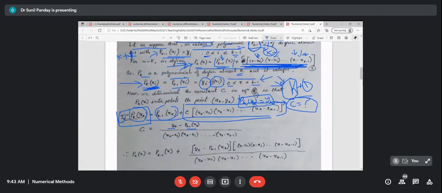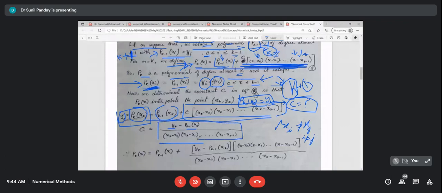Actually we know that xi is not equal to any xj when i is not equal to j, because these are our x points, and they are always distinct. So x1 and x2 are always different, and xi and xj are always different when i is not equal to j. So it means we can divide, and we will get the value of c.